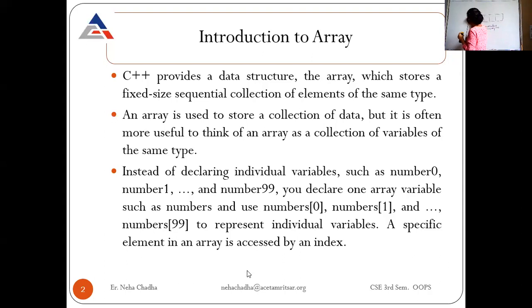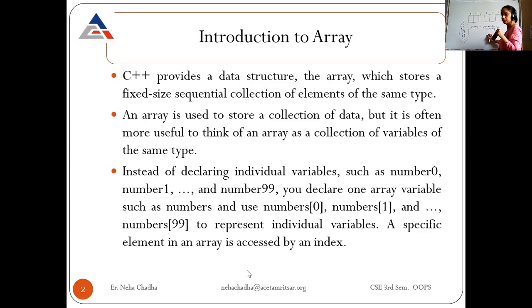Let's take an example. If I say 0 up to 5, it means the maximum size, and I will write here a. The data I'm going to store here is 1, 12, 23, 44, 56, 22, and 10.